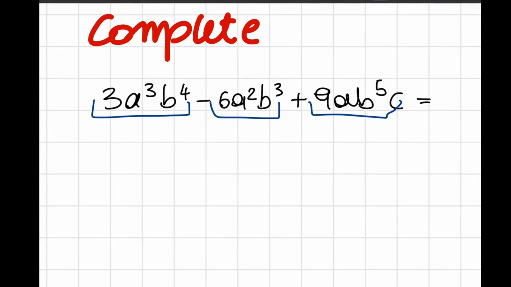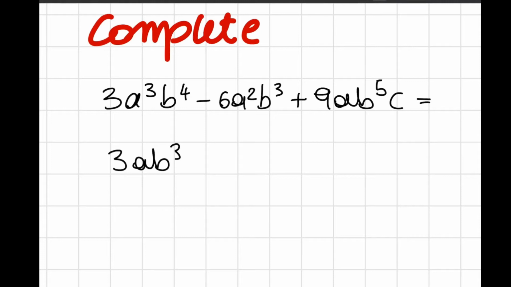In this case, our maximum common divisor would be 3ab cubed. And we multiply that by the quotient, so we would divide the whole thing by this 3ab cubed.